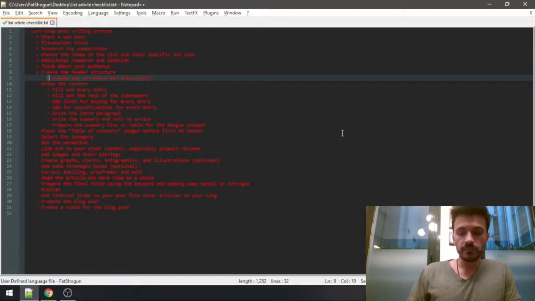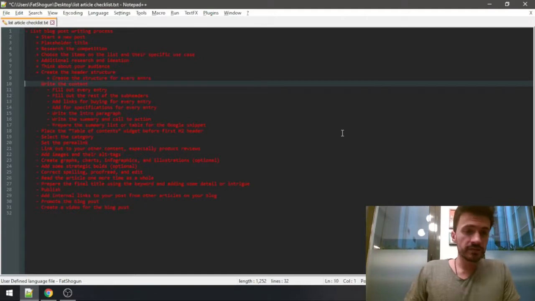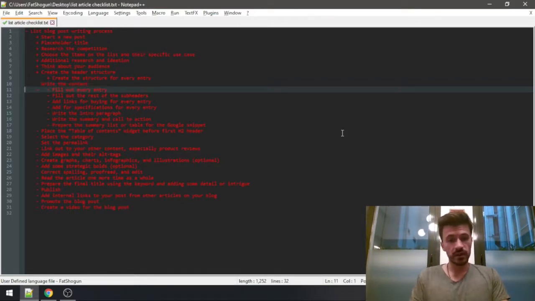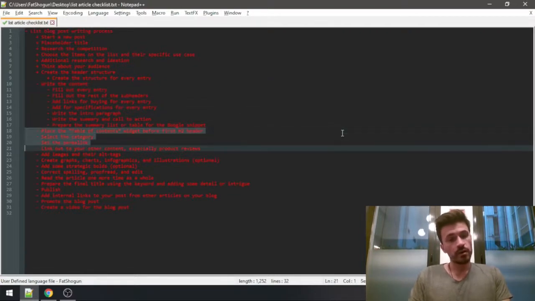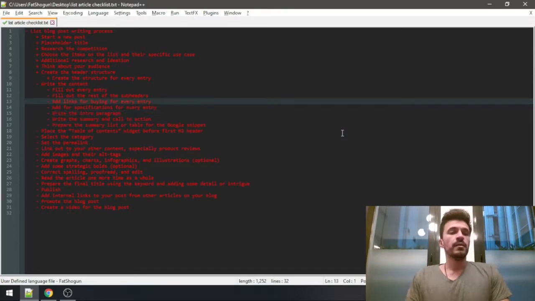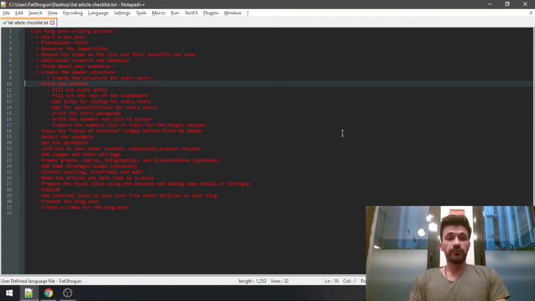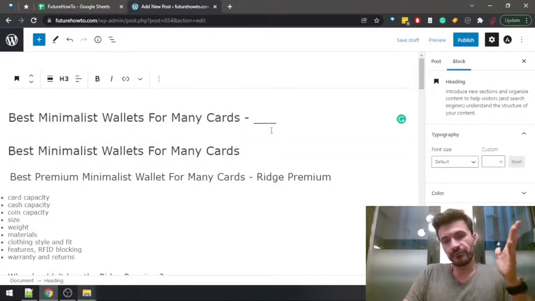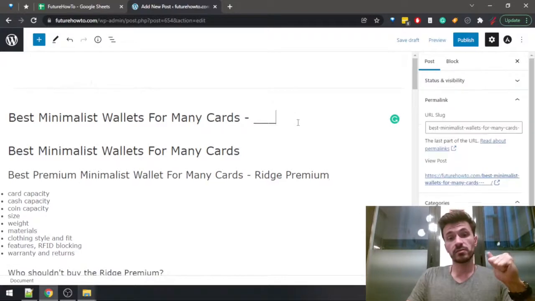So most of the steps that are not exactly writing the content itself are done. Most of the critical important steps are done. We do have more steps below, but these are not really that important. And we can finally start writing the content. Okay, so we're gonna fill out all of the headers here.